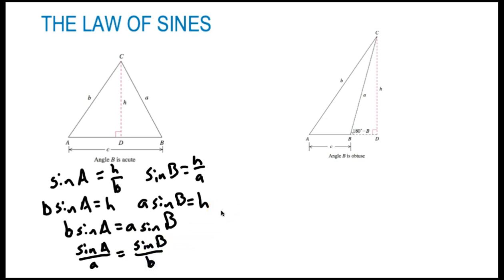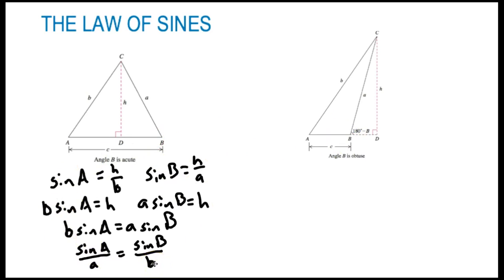Okay? Now, we can actually do the same thing if angle B is obtuse. Okay, we could actually set up the exact same thing. I'm not going to go through that proof, but just understand that it doesn't matter if angle B is acute or obtuse. We could do this exact same derivation to get the law of sines.